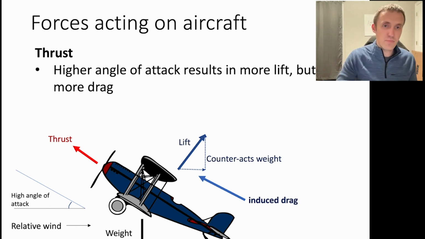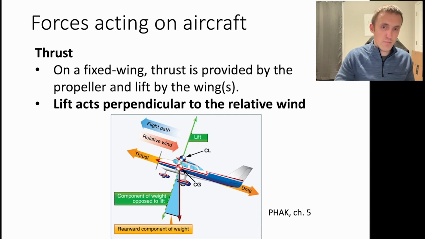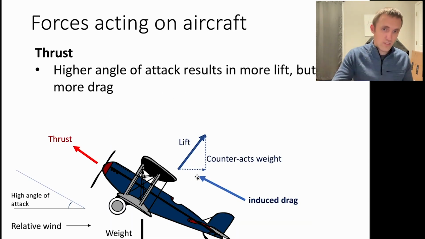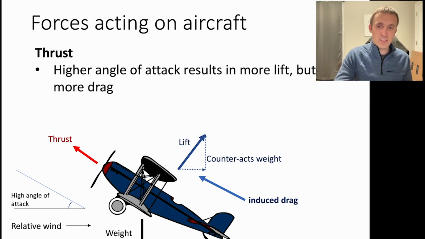We're going to talk about that more in a few minutes. But just keep in mind, an aircraft can be tipped up and moving up, or you can have this angle of attack and it's actually moving straight ahead, relative to horizontal.